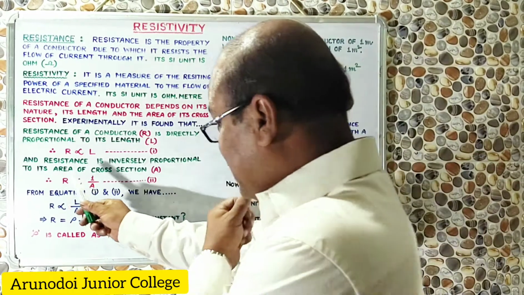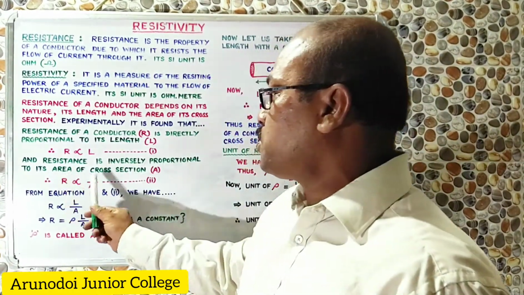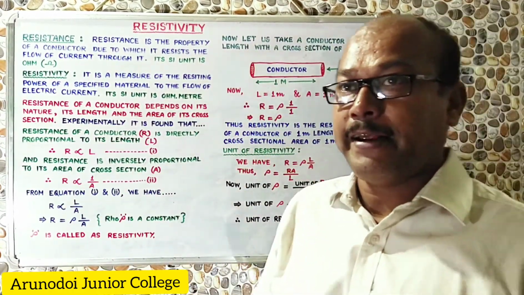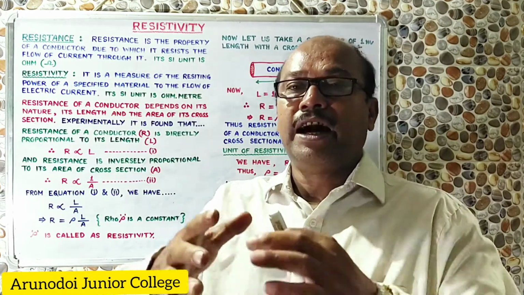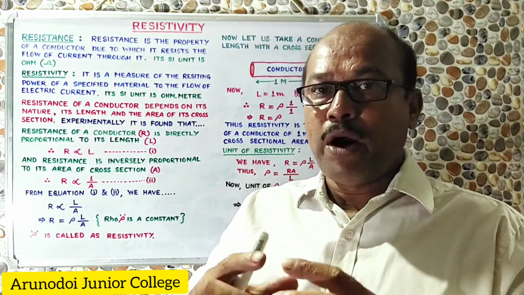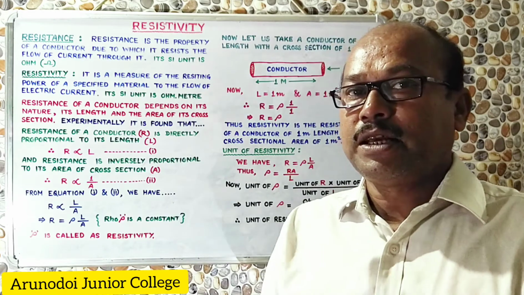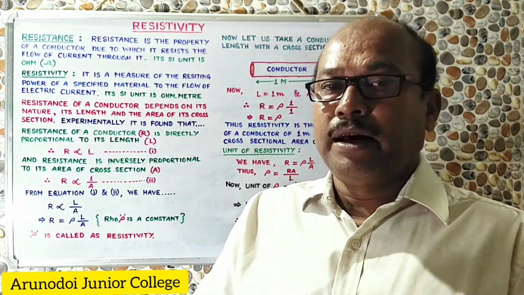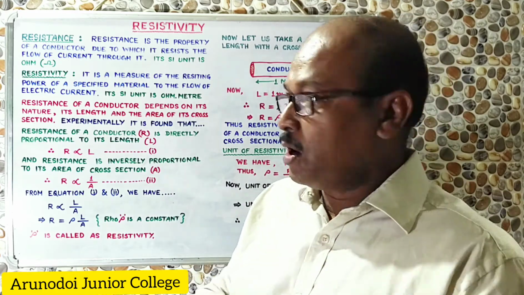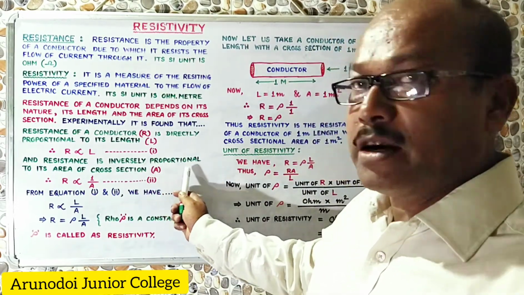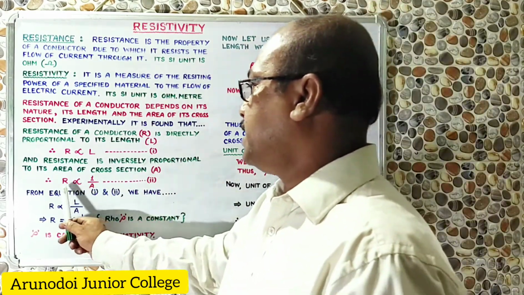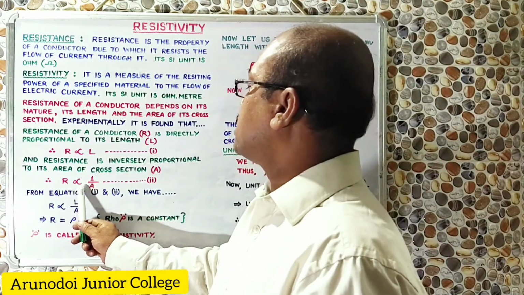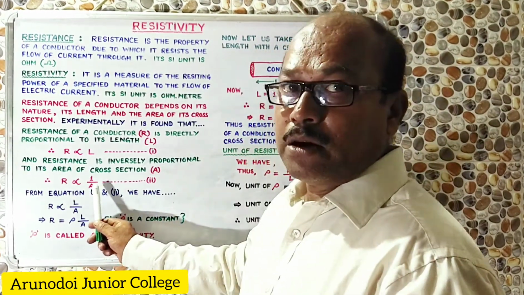Resistance is inversely proportional to the cross-sectional area. If the cross-sectional area is bigger, meaning the wire is thicker, then resistance will be less, and if the wire is thin, then resistance will be more. That is why it is called inversely proportional. So R is inversely proportional to area of cross section.